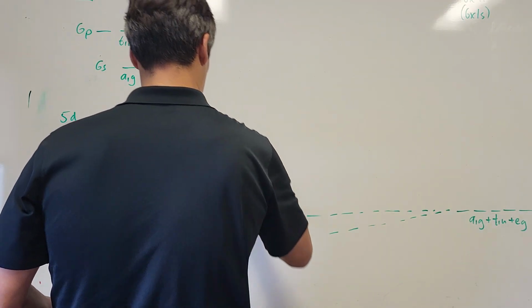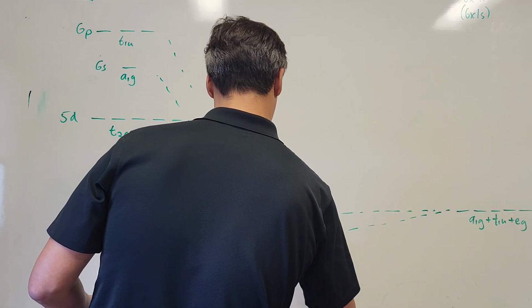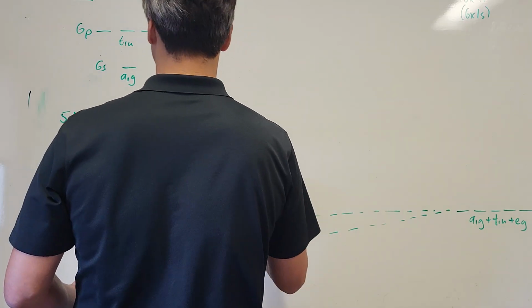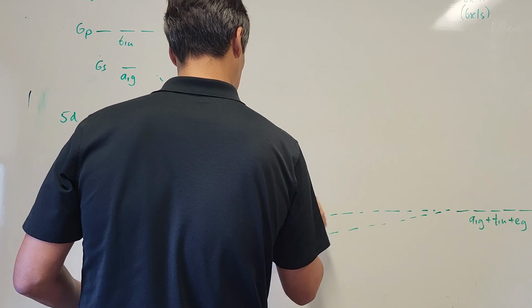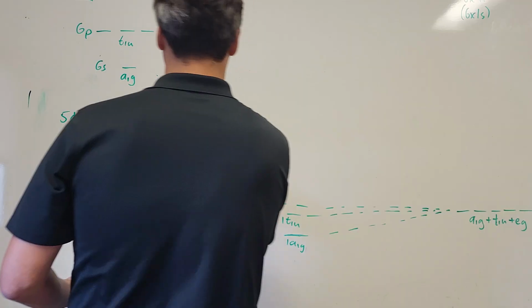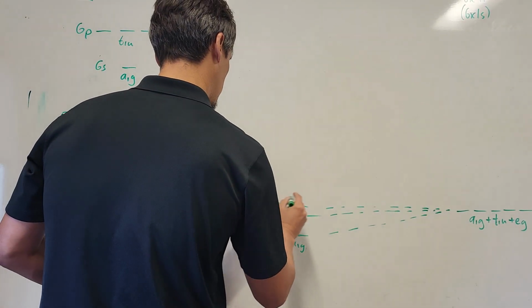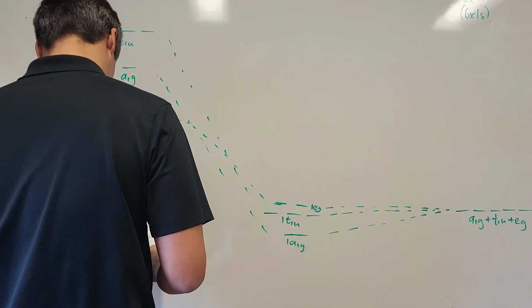So A1g, 1T1u. And then we're going to have an Eg set derived from the Eg SALC and the Eg orbitals. 1Eg.